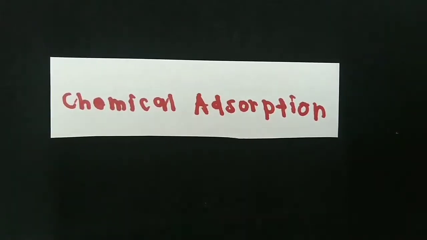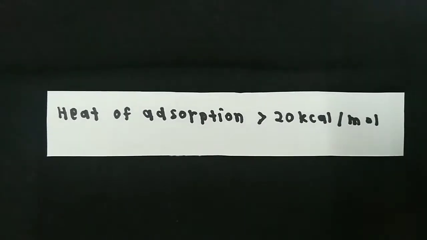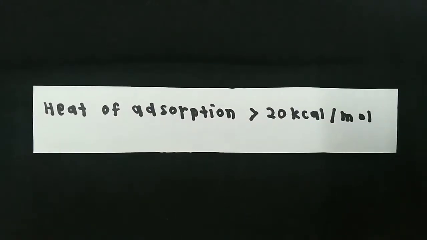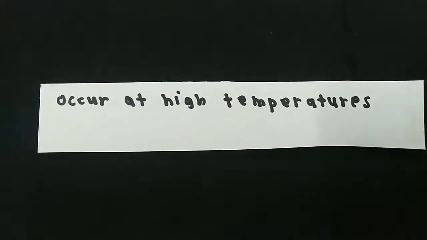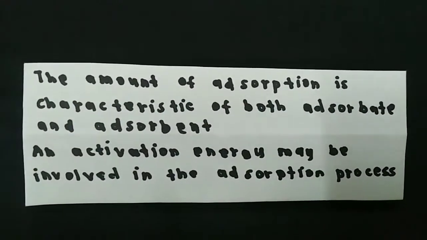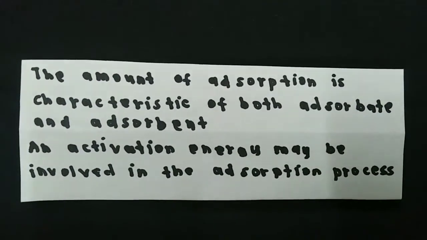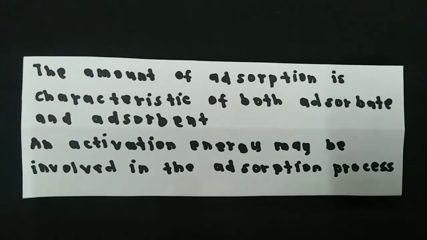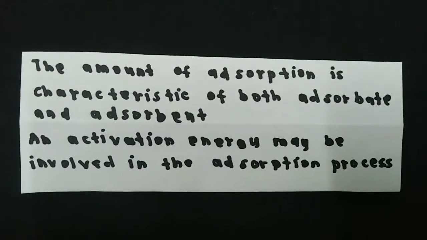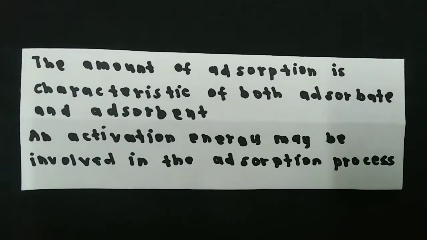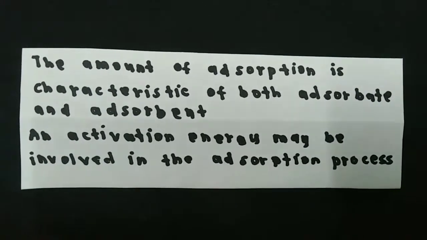Chemical adsorption: heat of adsorption greater than 20 kilocalorie per mole. It occurs at high temperatures. The amount of adsorption is characteristic of both adsorbate and adsorbent, and activation energy may be involved in the adsorption process.